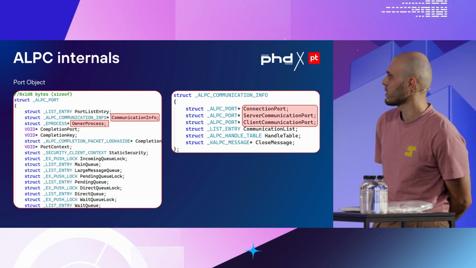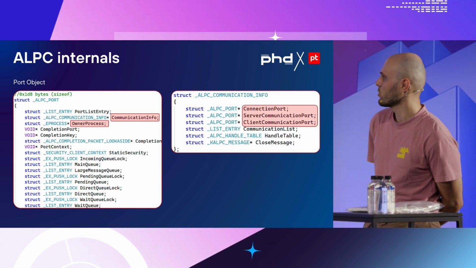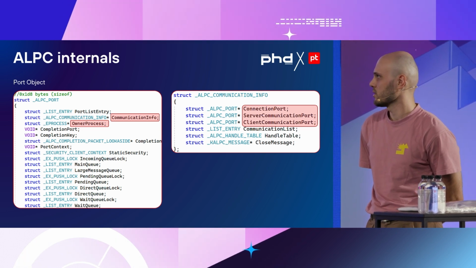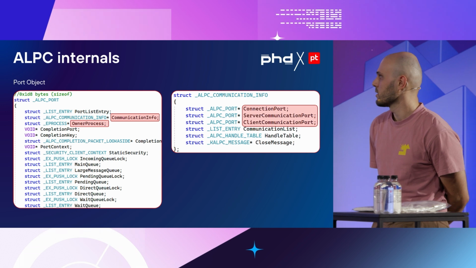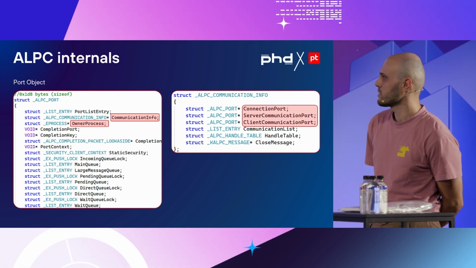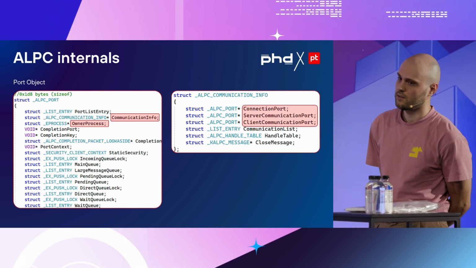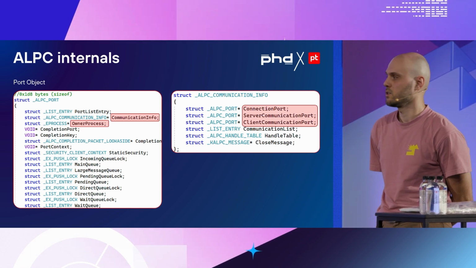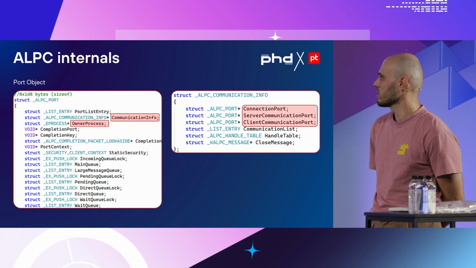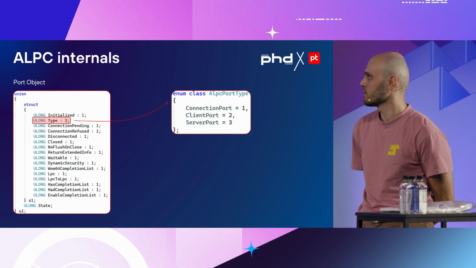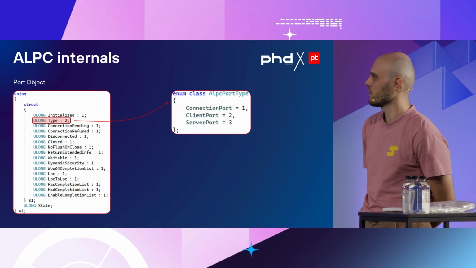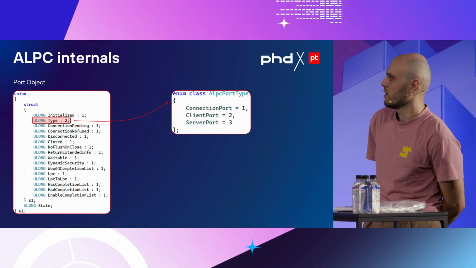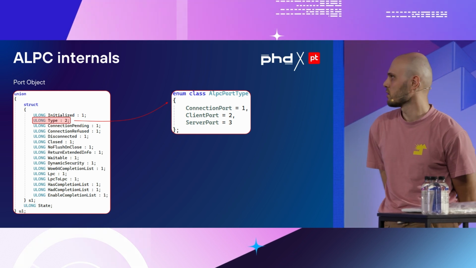The structure of the ALPC port is shown on this slide. It's quite complicated, but we only need 3 fields. Communication info that stores the pointers to all 3 port objects, the owner process that this port belongs to, and then which port it is, connection port, client port, or server port.